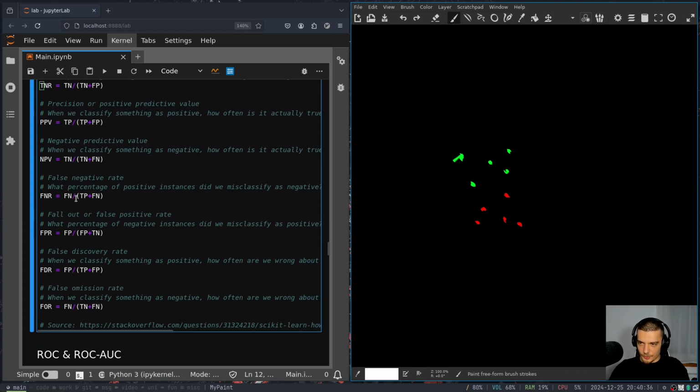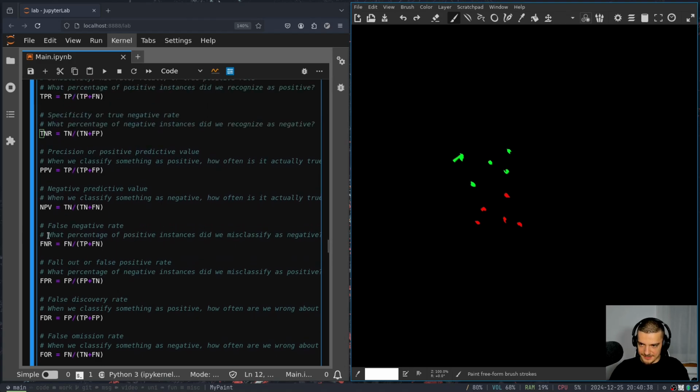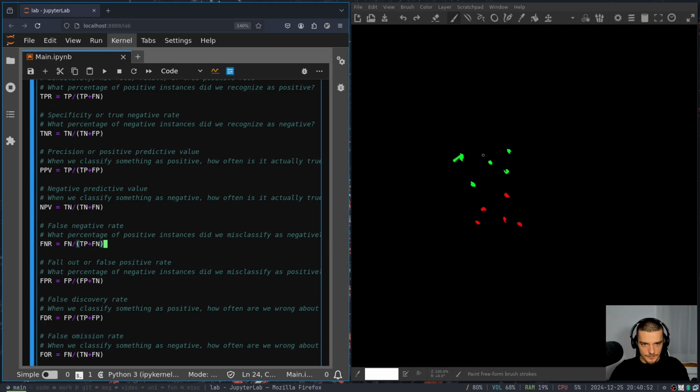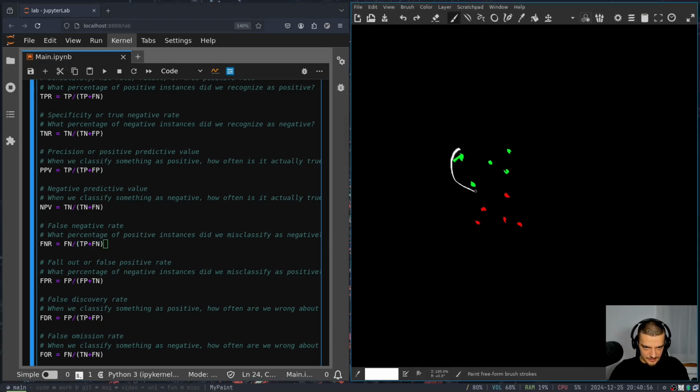Then we also have the false negative rate, which asks what percentage of positive instances did we misclassify as negative. So if I take the positive instances, you can look at the formula, true positives and false negatives. So these are actually positives, and let's say if I do it like this, these would be my true positives, and these would be my false negatives because I classified them as negative, but they're actually positive.